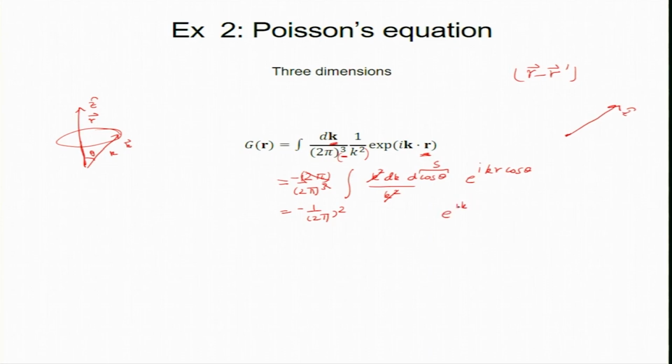So e to the power i k r minus e to the power minus i k r, over i k r. So that is the d cos theta integral, which has been done in your quantum course, I am sure. Okay. So the cos theta integral also is done, and then dk, where k goes from 0 to infinity.